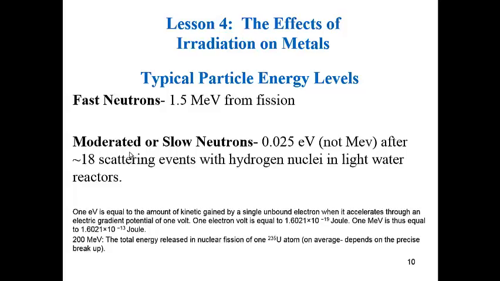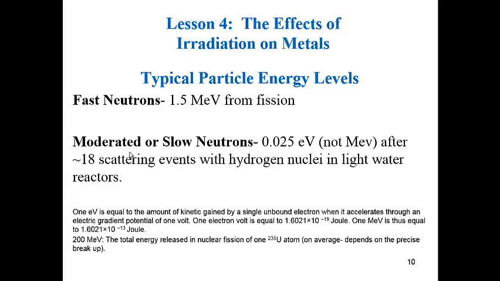200 MeV is the energy released typically in the fission of one U-235 nucleus on average, and it depends on how the atom actually breaks up. It can have different fragments, different isotopes of slightly different size and different elements when it splits.